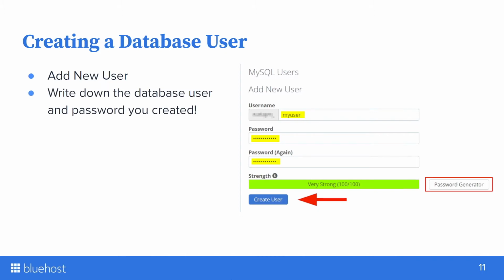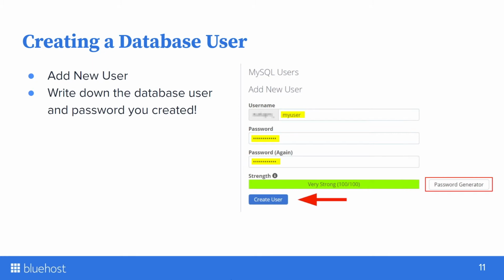And again, you're just going to fill out what it asks of you here. It's asking you to create a username, a password, and then to confirm your password. If you already have a password in mind, you can type that in, or in the red box that I highlighted there, there's a password generator that will automatically generate a password for you.